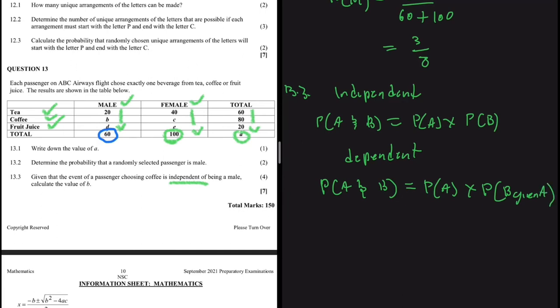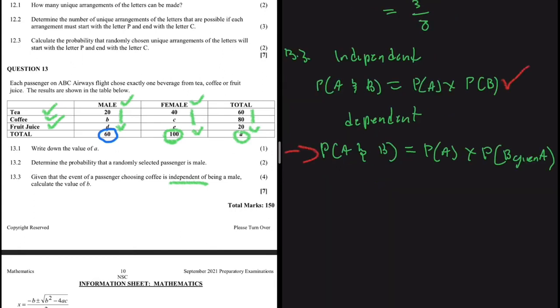Given that A occurs. So here we have an independent event, so we're going to stick to this. But then if we had a dependent in a different situation, then you do what we say in here. So let's go to our table and look at B, right?